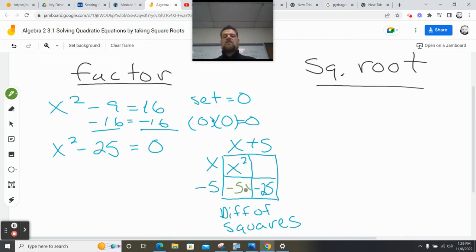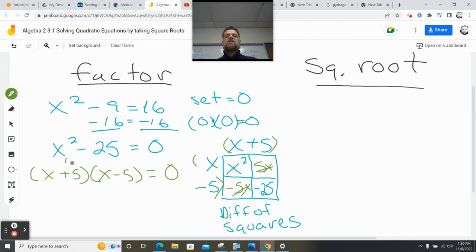Negative 5x. What's positive 5 times x? Positive 5x. What's positive 5x minus 5x? 0. So those cancel, and basically what I've solved for is that x squared minus 25 is the same as x plus 5 times the quantity x minus 5, and that equals 0.